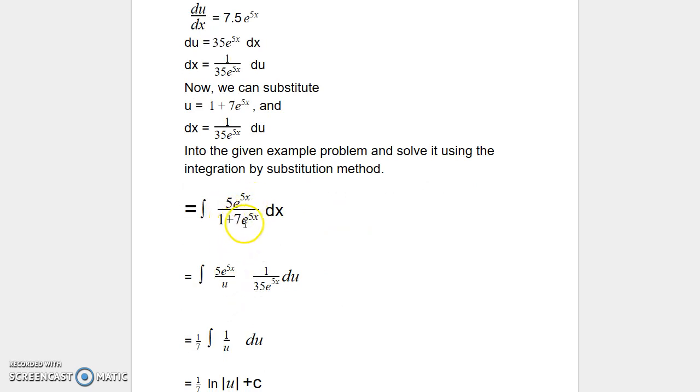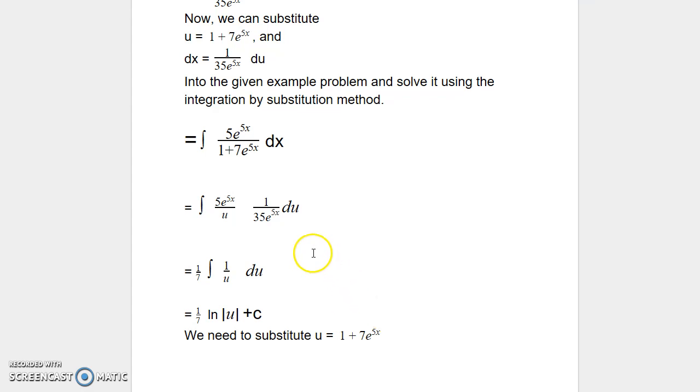Instead of 1 plus 7e to the power of 5x, we're going to write u. And instead of dx, we're going to write 1 over 35e to the power of 5x du. So we have successfully substituted all the values.